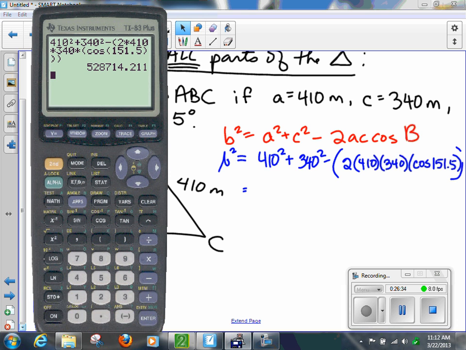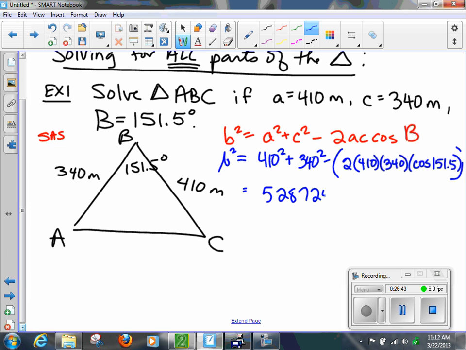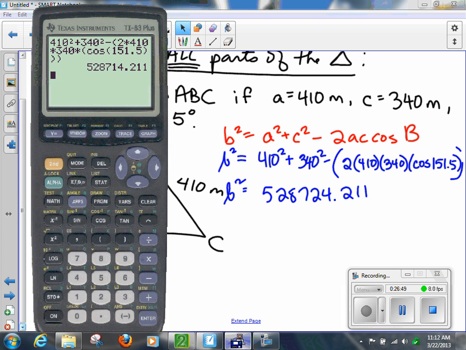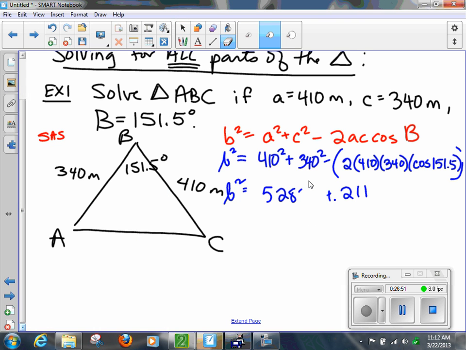Now, folks, you got to help me, because for my notes I'm going to put this number. It should be on your calculator: 528,714.211. So that side squared is 528,714.